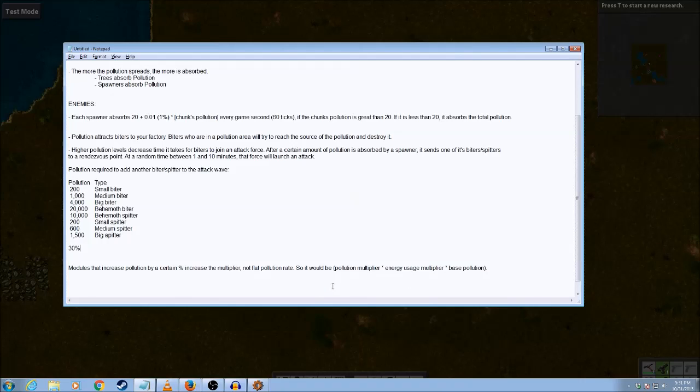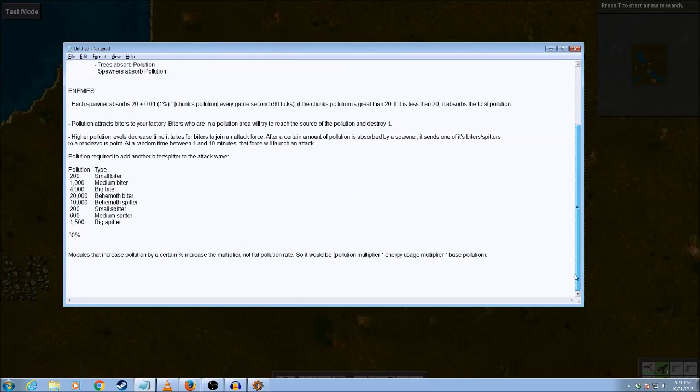Okay, so let's say you have an electric mining drill, I don't know that you can even put productivity modules in there, but okay, let's go with an assembler. You have a productivity module in an assembler. You're going to take the pollution the assembler generates times the energy multiplier of it times the 30%.